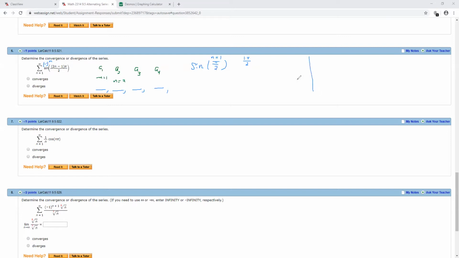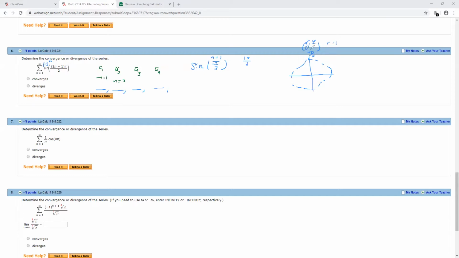You can put sine of pi over 2 in your calculator, or use your unit circle from trigonometry study. This is pi over 2. And the sine is y over r. R is 1.